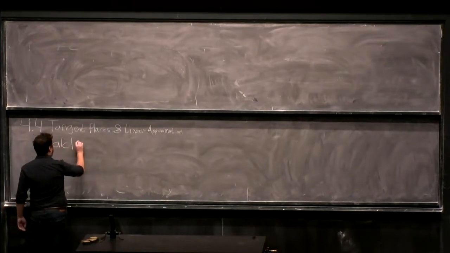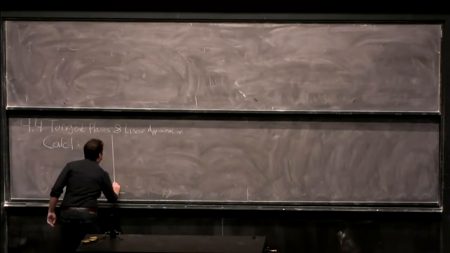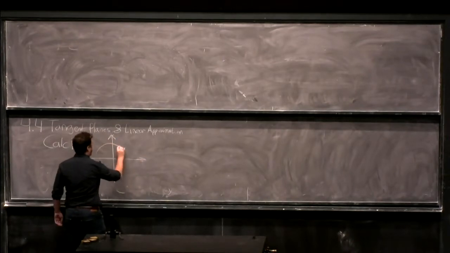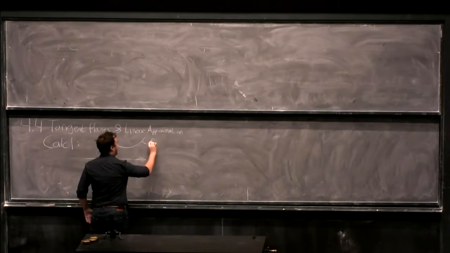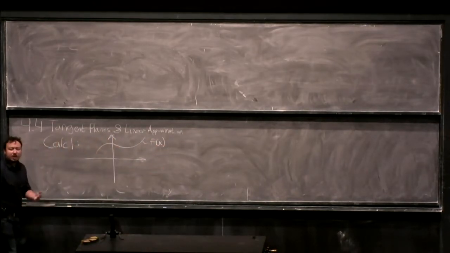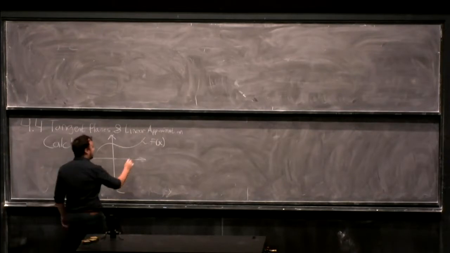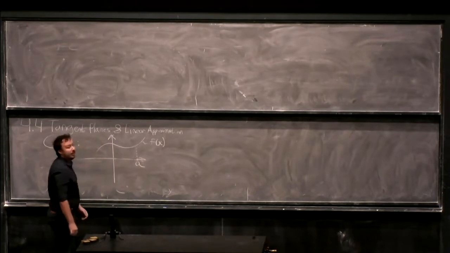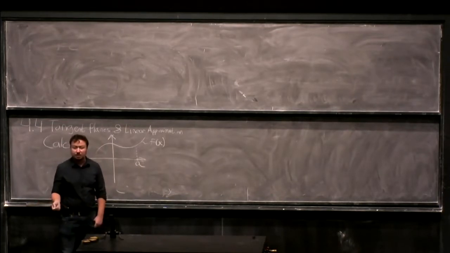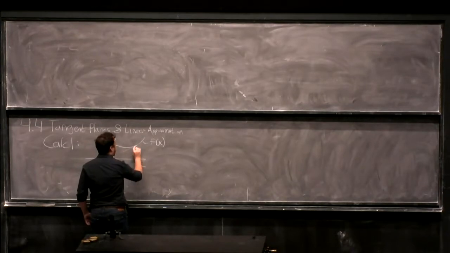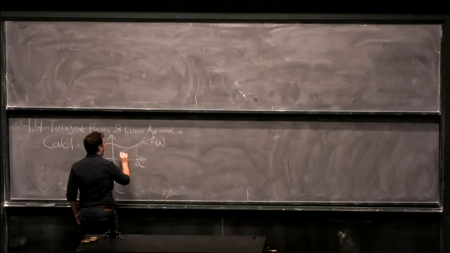So this is Calc 1. If we have our axes here, and we have some sort of function f of x like that, we could pick a point a, an x value, and we could find the tangent line to this function at the point a. That would look something like this.